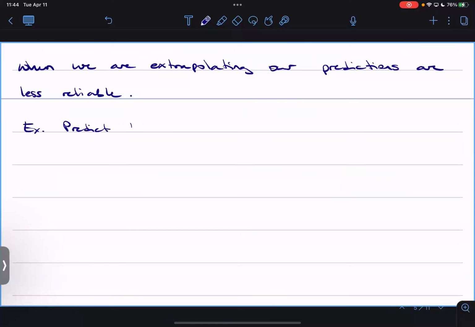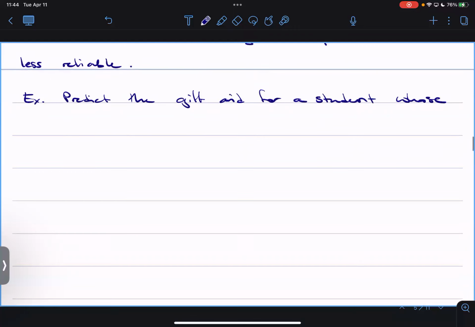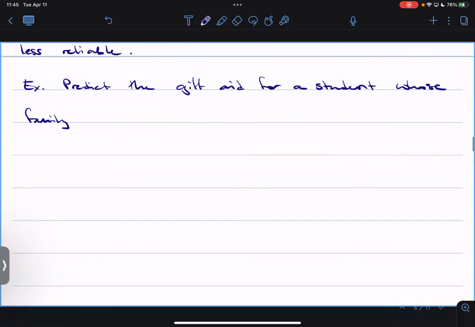All right. So, for example, predict the gift aid for a student whose family income is, let's do 600,000 a year. I don't have it. Hey, I've got 1 million. You guys want to do 1 million?